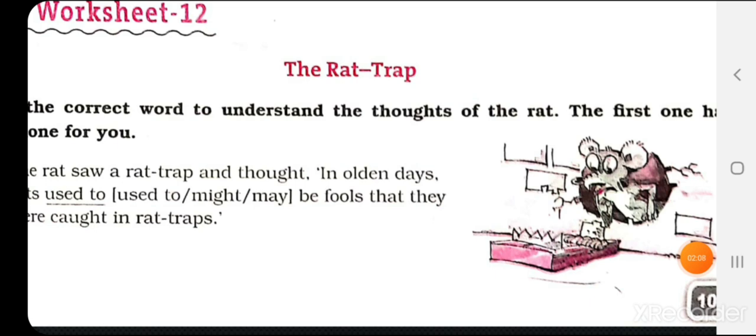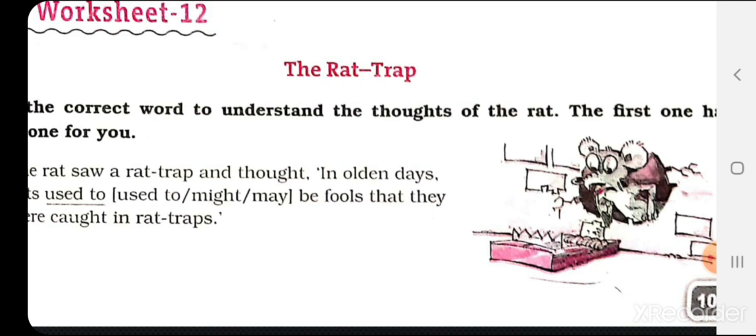The rat trap. Write the correct word to understand the thoughts of the rat. The first one has been done for you. The rat saw a rat trap and thought, in olden days, rats used to... Here students, in brackets, models are given to you like used to, might, may.